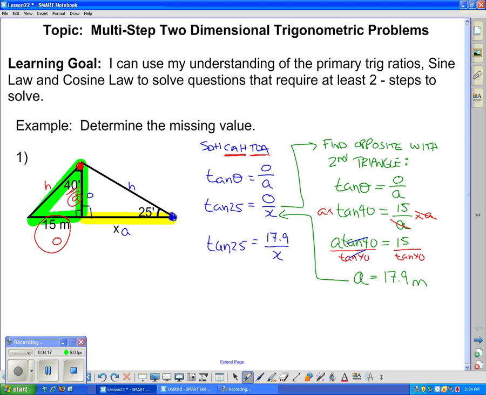Now I'm just solving for x. Similar process: multiply both sides by x, and we get x tan 25 equals 17.9. Divide both sides by tan 25 to isolate for x.